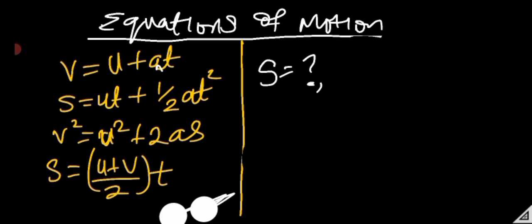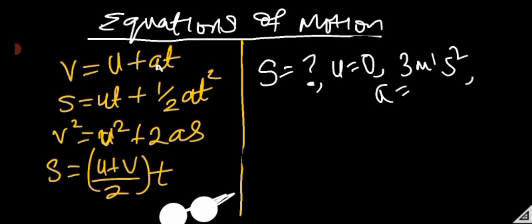From rest means u is equal to 0. So a is equal to 3 meters per second squared and t is equal to 2 seconds.